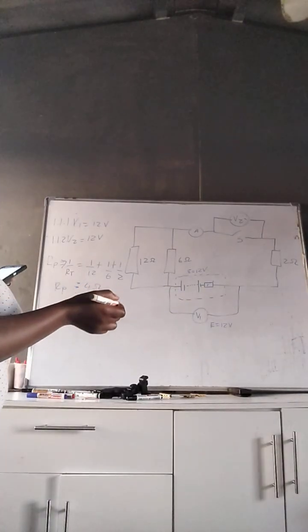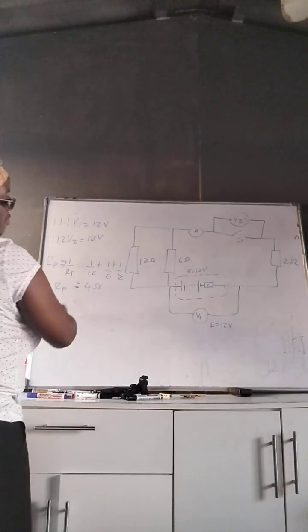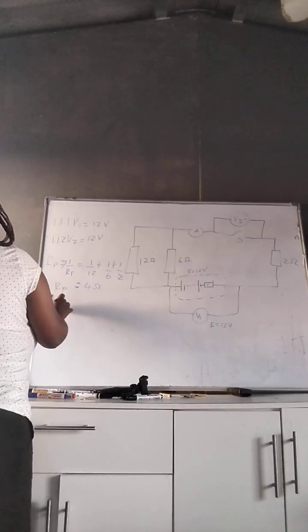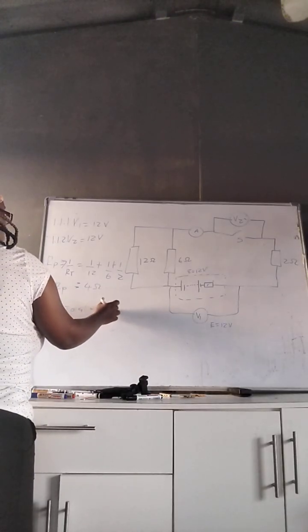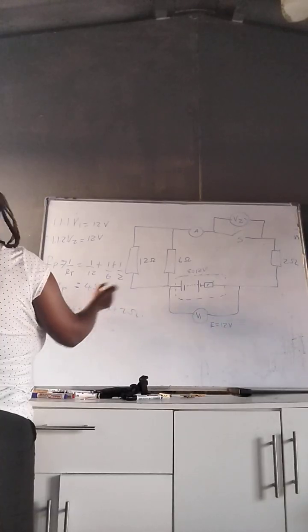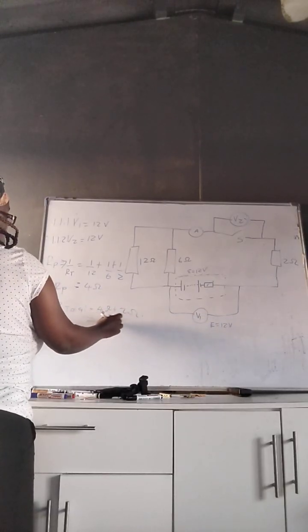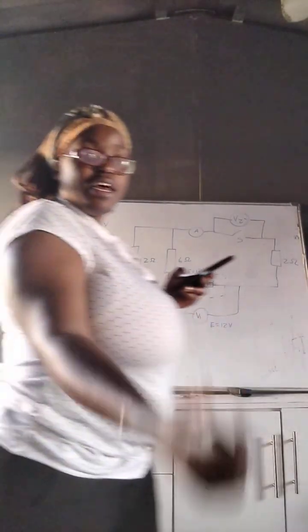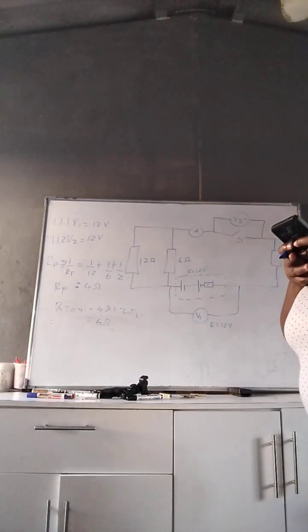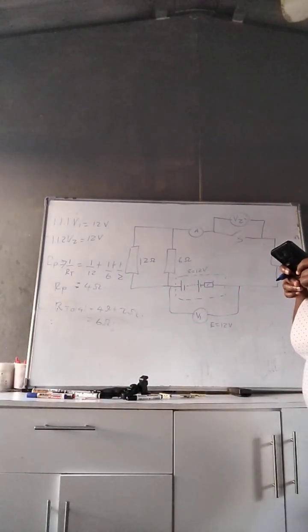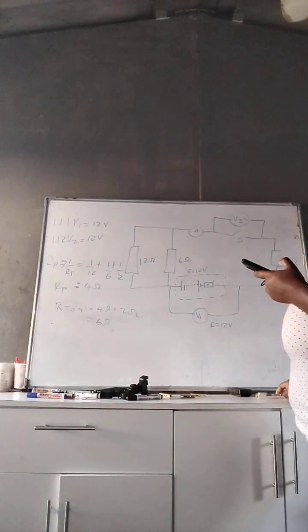So the total is going to be 4 ohms plus 2 ohms, which gives us 6 ohms. That's the answer for our question. This is example number 1, right?